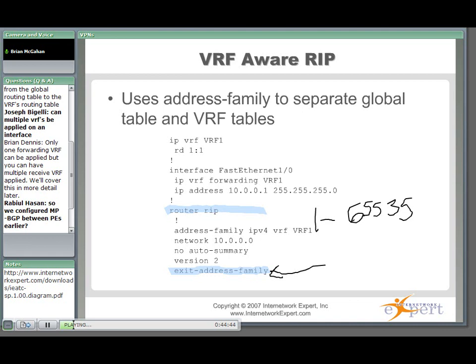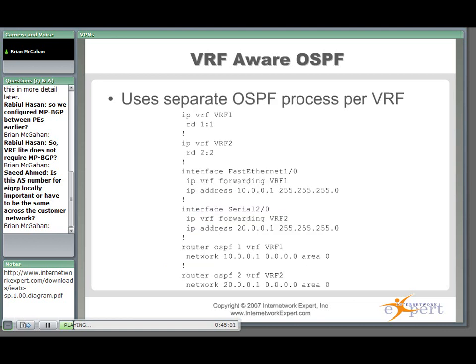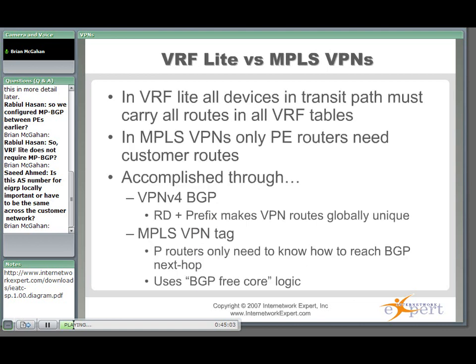Now there's a question here: is the EIGRP AS number locally significant, or does it have to be the same? Inside the VRFs, in this case, we're only looking at VRF Lite. The disadvantage of using VRF Lite is that everyone must be directly connected.